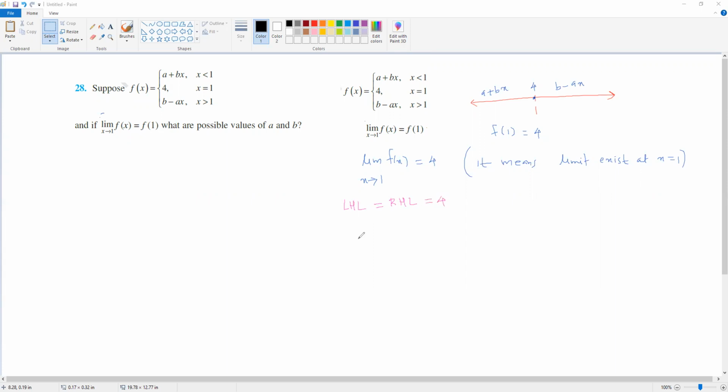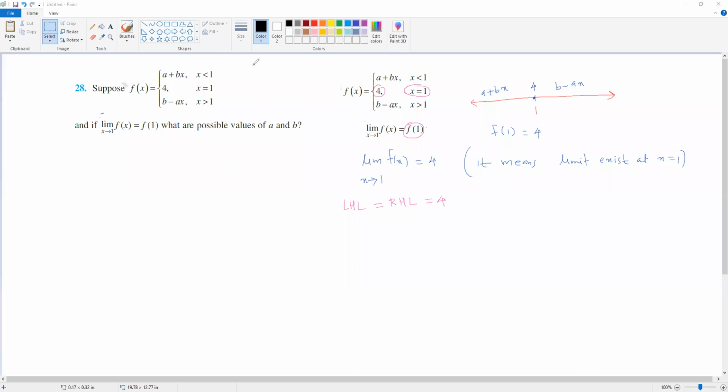That's the meaning of limit exists. Why 4? It is given that it is equal to f of 1. F of 1 is 4, because at x is equal to 1, the function value is 4.